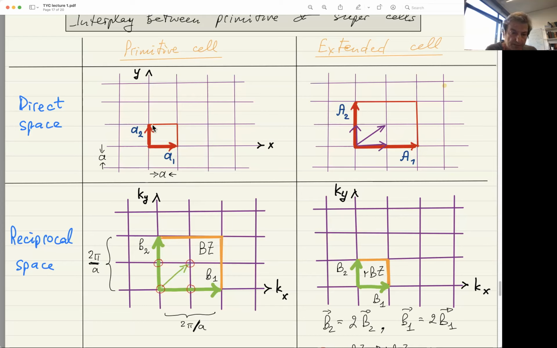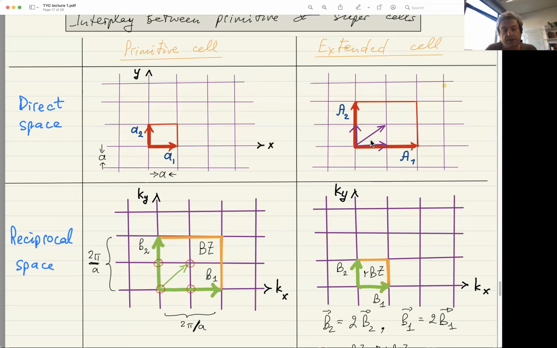So if we have atoms here and here and here, these are all equivalent atoms, and here and here and here and here are all equivalent atoms. However, from the point of view of the extended cell, these are not equivalent. So we shall call these big translations of the extended cell, and these small translations, which still are proper translations of our lattice, we will call internal translations.